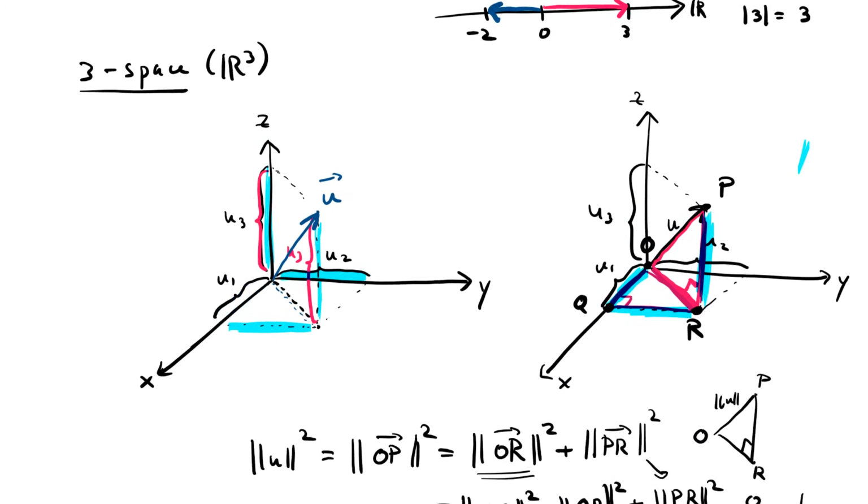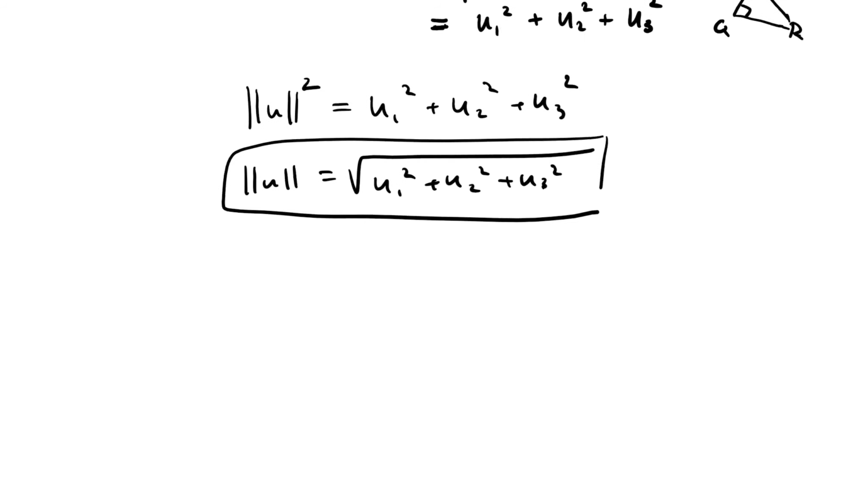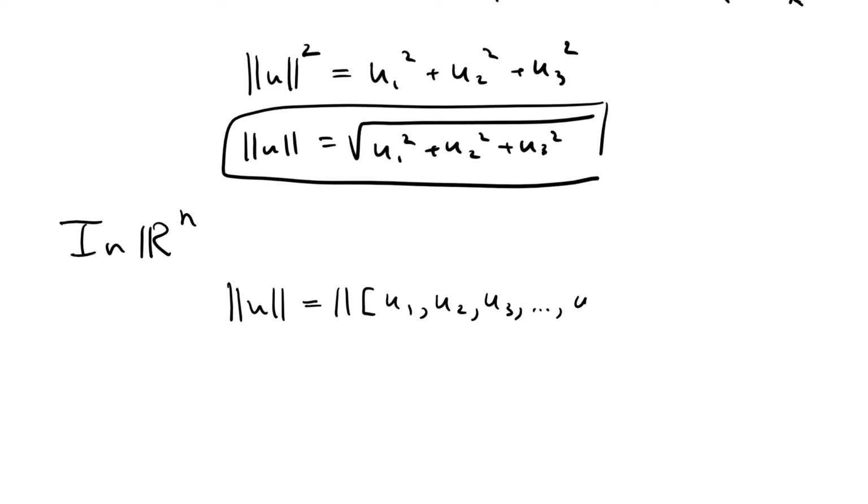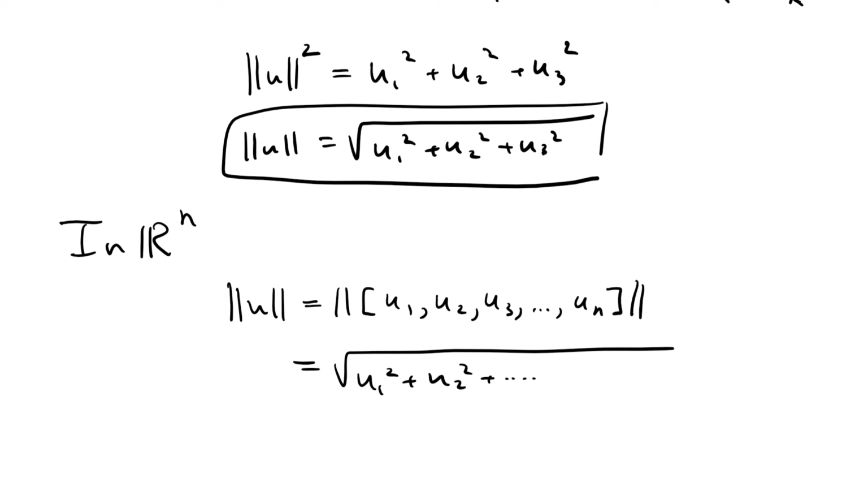We just added U3 squared underneath the square root, okay? And it's not too hard to prove that in Rn, if I have a vector U with n coordinates, so U1, U2, U3, up to Un, if I take its norm, it's very simple. It's going to be the square root of U1 squared plus U2 squared all the way to Un squared.